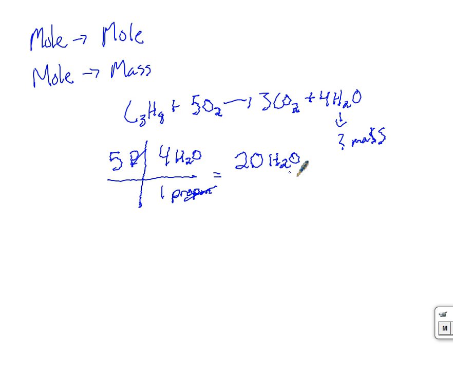If I have 20 moles of water, I can find out how many grams that is, correct? I know that 1 mole of water weighs 18 grams. So all I do is take 20 times 18, and that gives me 360 grams of water.